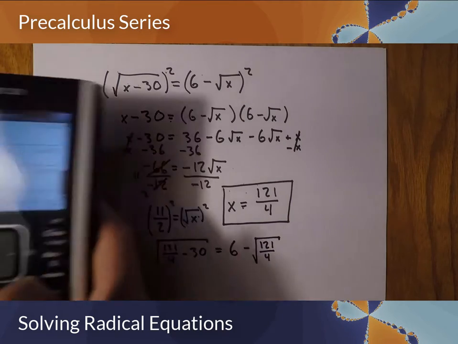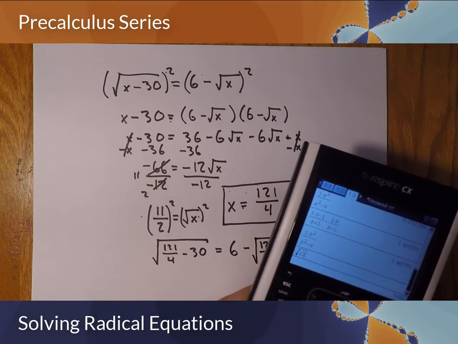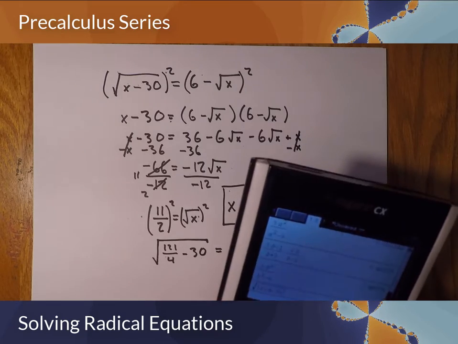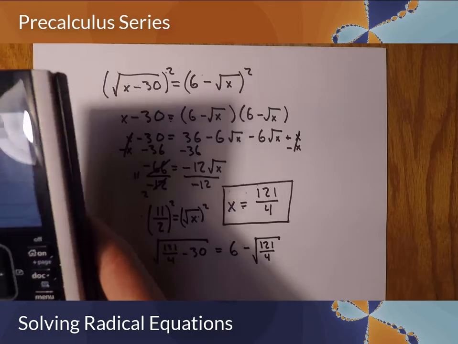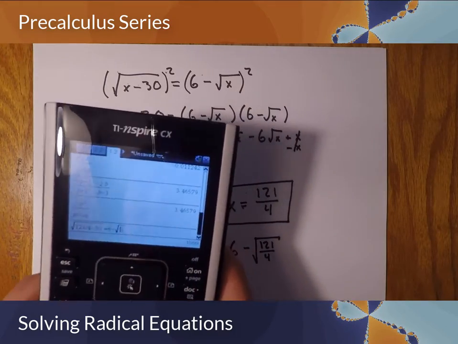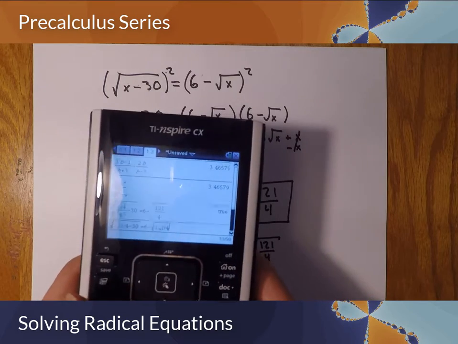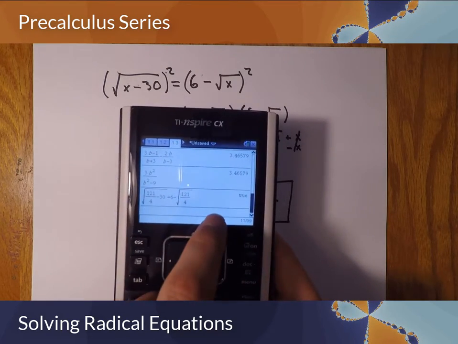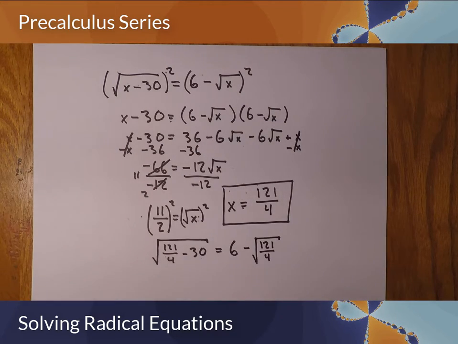So 121 over 4 minus 30 equals 6 minus 121 over 4. And that's underneath the radical. And if you look at the calculator, it says this is true. So this is a real solution.